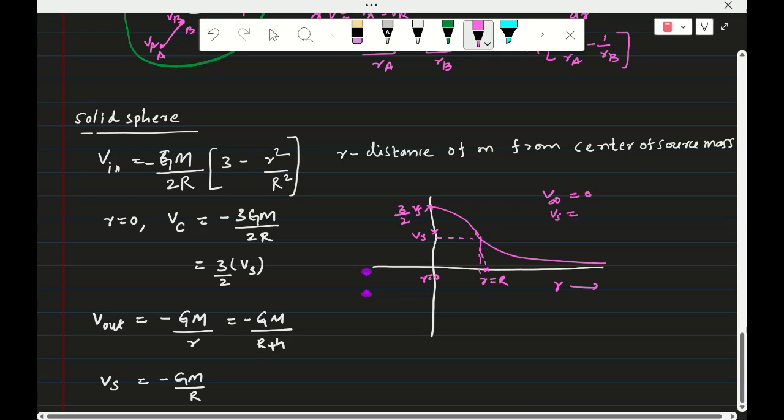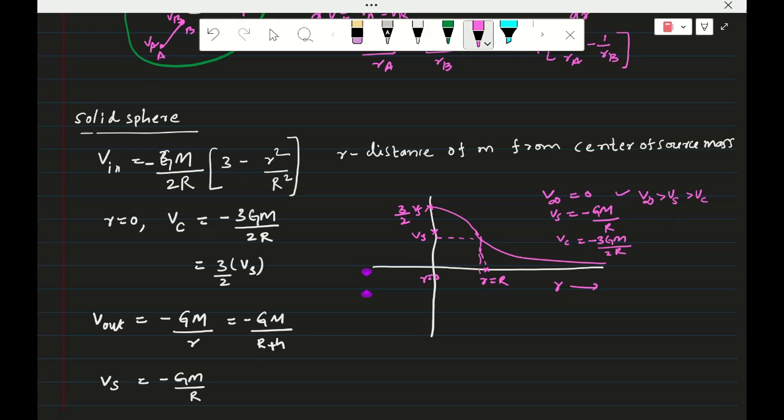Potential on the surface is equal to minus GM by R. Potential at the center is equal to minus 3GM by 2R, that is 3 by 2 Vs. So here this is the greater value. The potential at infinity is greater than the potential at the surface, which is greater than the potential at the center. So these magnitudes are valid like this. If you take magnitude only, at the center it will give more magnitude, but it will be a negative value. Right. So this is about the solid sphere.